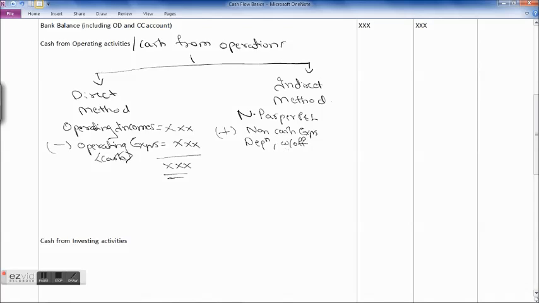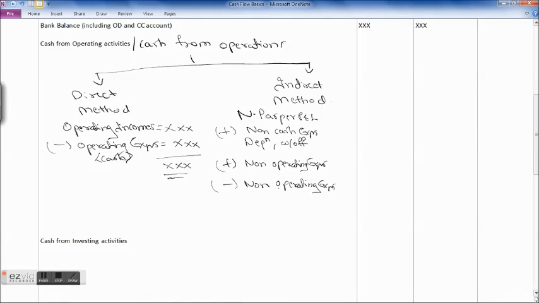Then you have to add all non-operating expenses, for example loss on sale of some machinery, or if there is some interest expense, you have to add it. Then you have to reduce your non-operating income, if any, that is your interest or dividend received from non-trading investments, and so on.